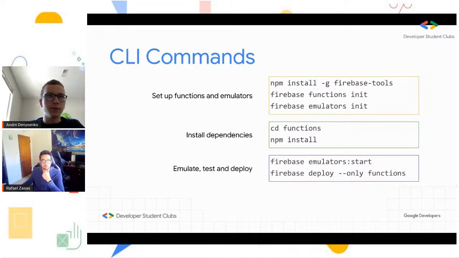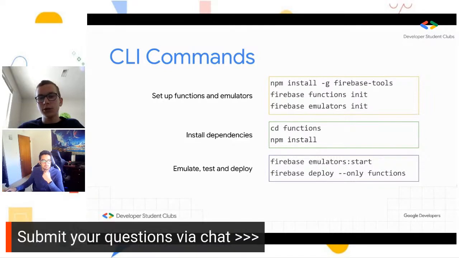You've run this to install the Firebase CLI. It's all familiar. Then you can initialize your functions and emulators. I've just shown you how to do that. You can go to your functions directory and npm install the dependencies if you haven't when you were initializing it. And then you can spin up your emulators to test them and finally deploy your functions in production.